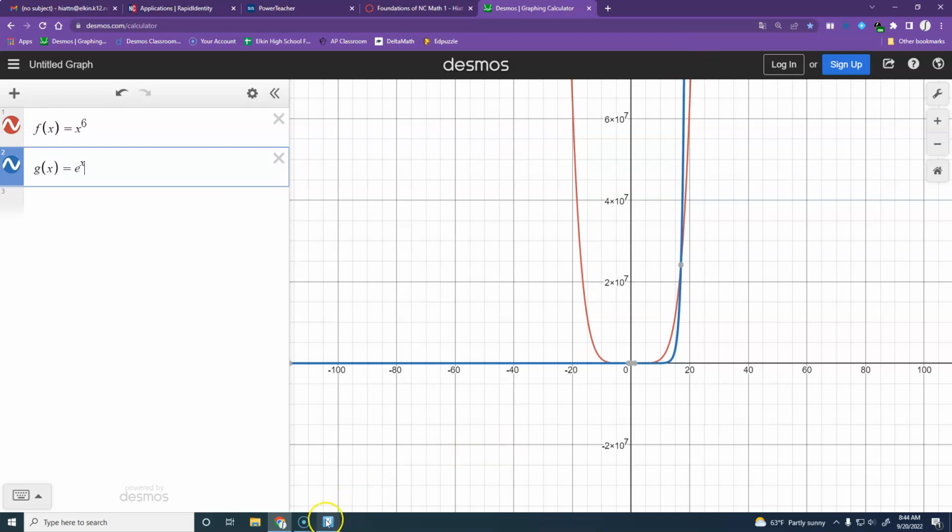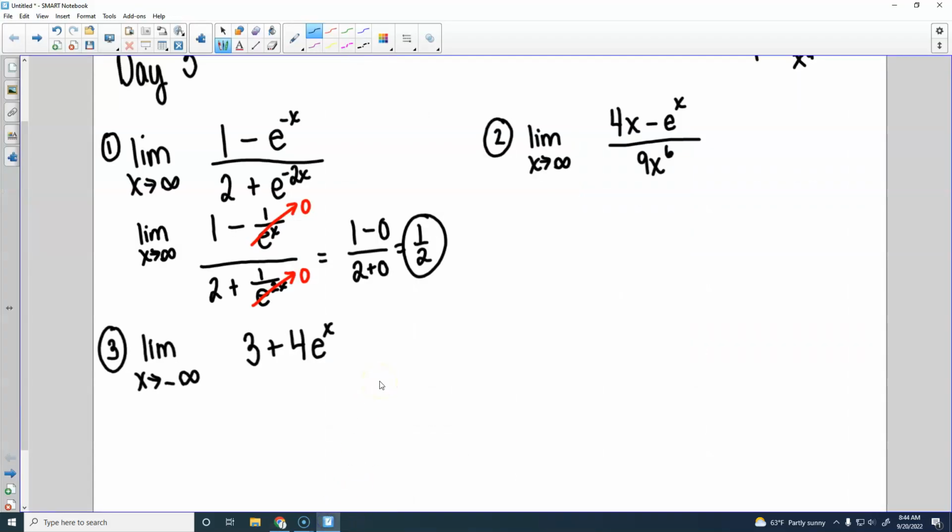So we are more or less going to use Bobo Botno here, but let's make ourselves a note. e to the x is greater than x to the r power, for x approaching infinity.